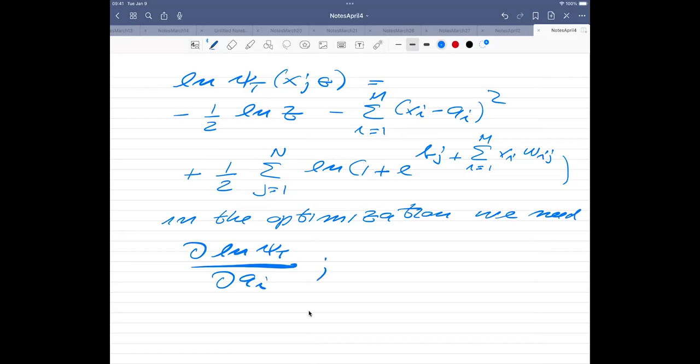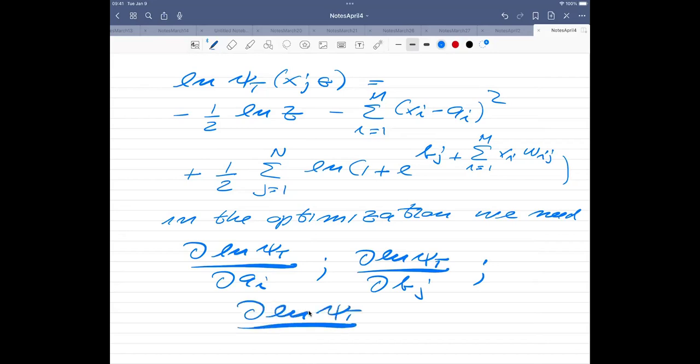We need the derivative of ln of psi of t with respect to b_j. And finally, we need the derivative with respect to the weights w_ij. So when we are setting up the final optimization problem, we actually need to set up these quantities here.